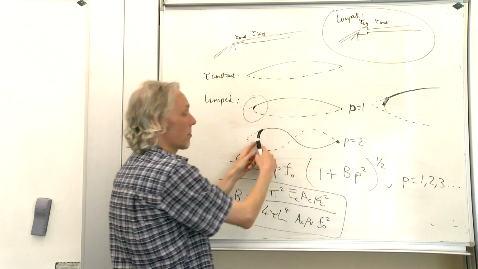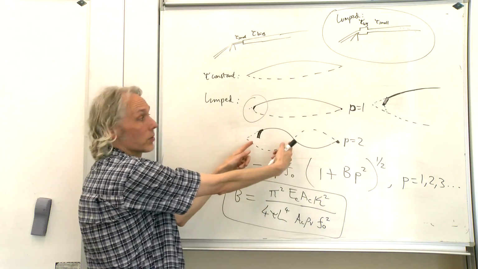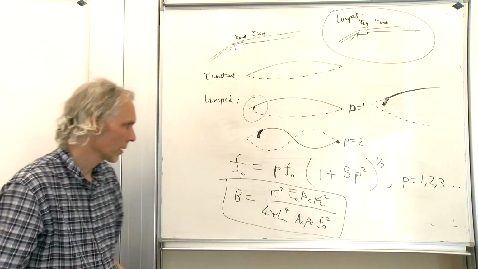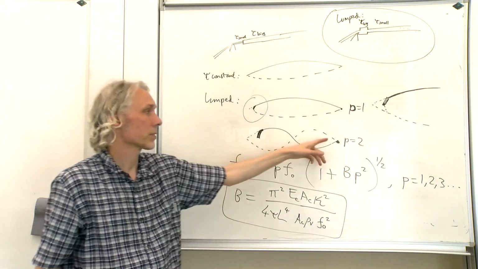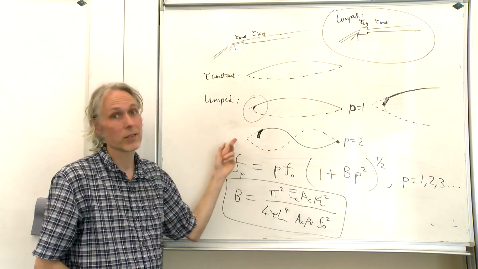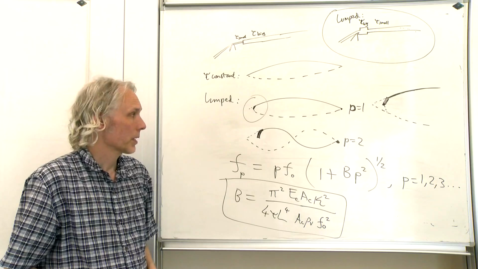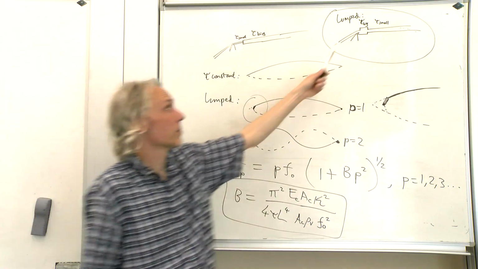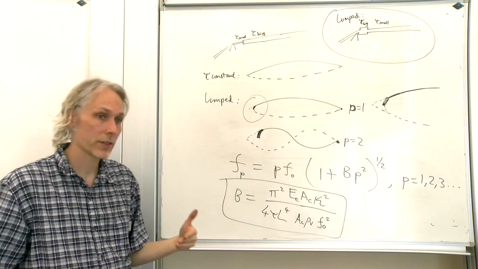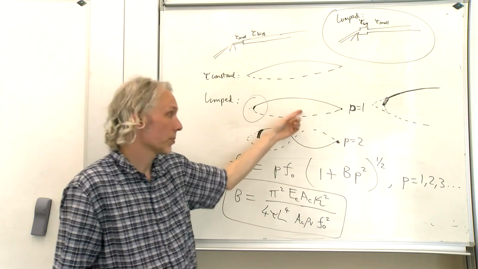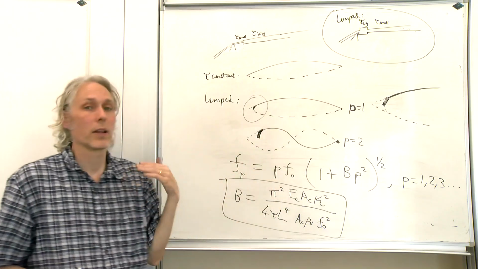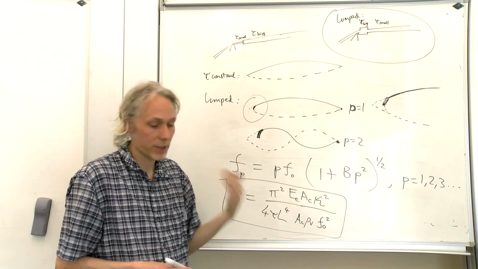This lump is twice as big compared to the wave. That's going to mean that this is flattened more than this one. So we found a way: by adding a lump near the end of the string, you make the modes flatter, but as you go up the series of modes, the flattening effect gets more pronounced.